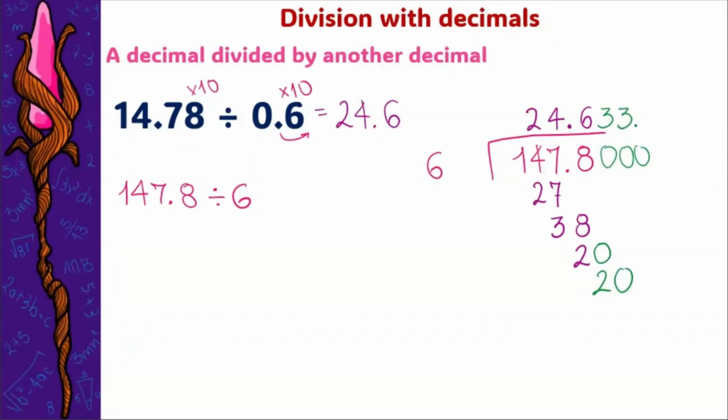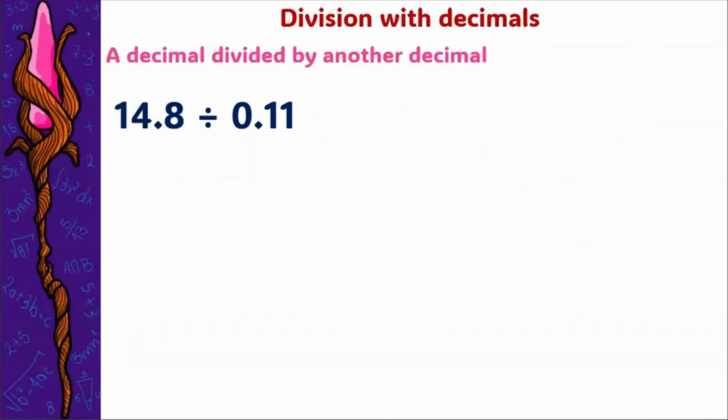Notice that in this case, the 3 is going to repeat forever. Sometimes the number doesn't repeat, you just get different and different numbers. In those cases, you just need to do it 2 or 3 times, and that's going to be it. You close the division there, and you say it's approximately 24.633.